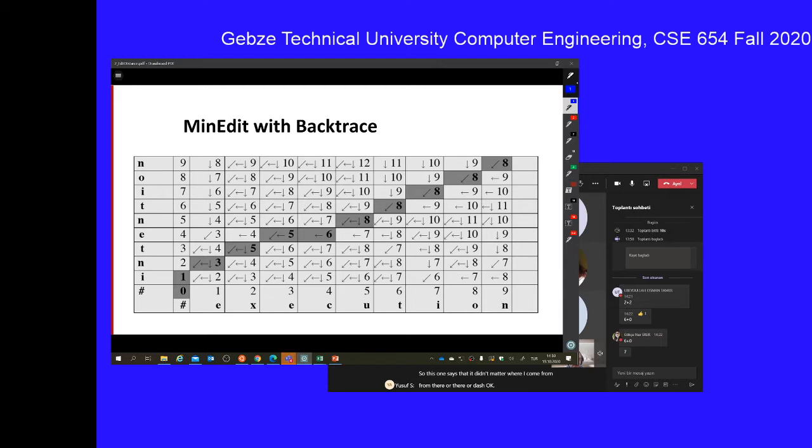If I follow this one, I will find all of my edit distance cost and edit distance path. Okay, any questions?